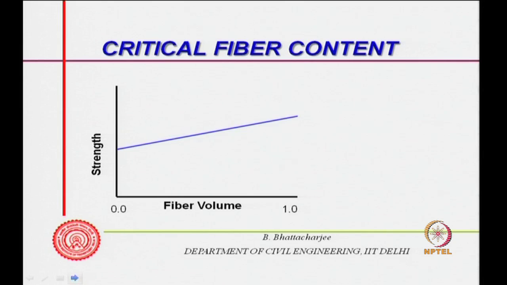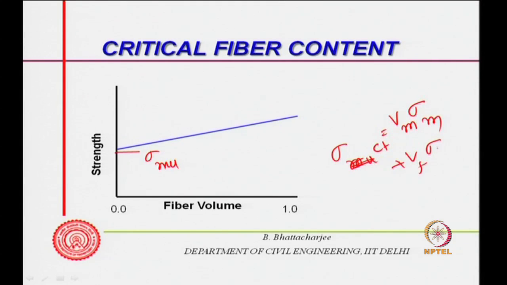Now, you can easily understand that when fiber volume is 0, this is nothing but sigma mu, right. Now, when I have some fiber volume, we said that sigma composite is equal to V m sigma m plus V f sigma f.